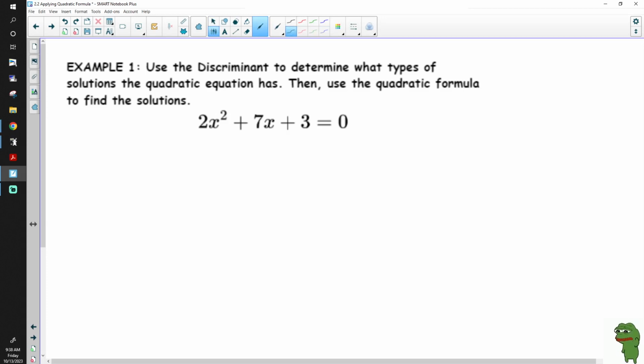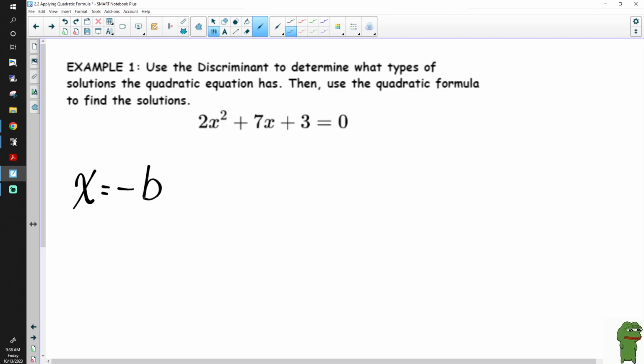It starts with x equals. Write it. X equals negative b. Don't forget the negative.